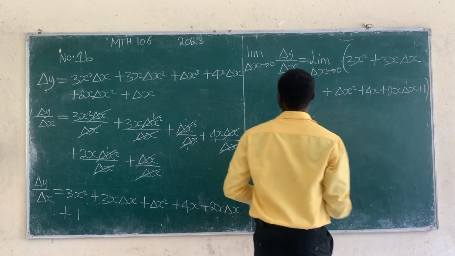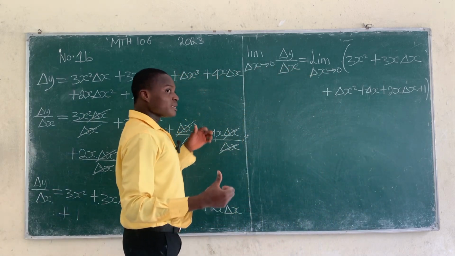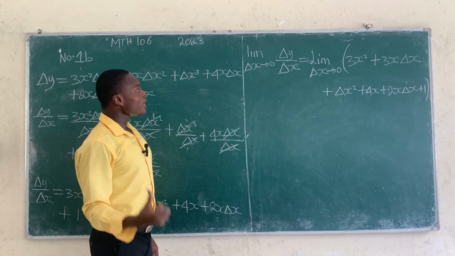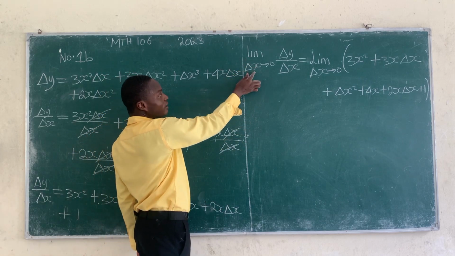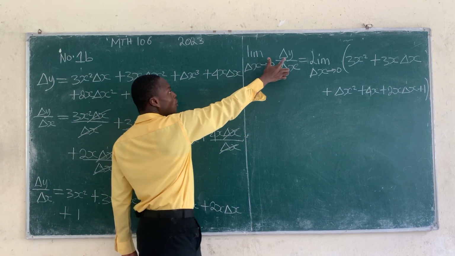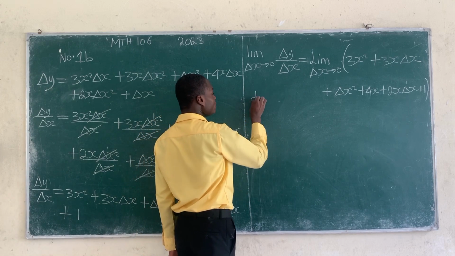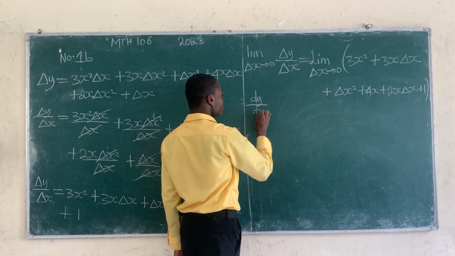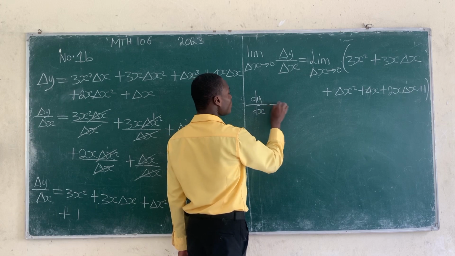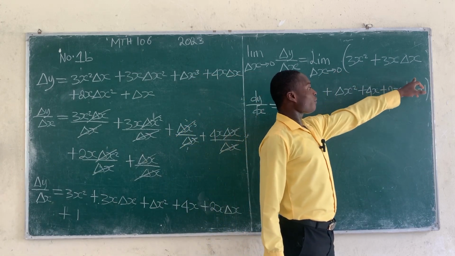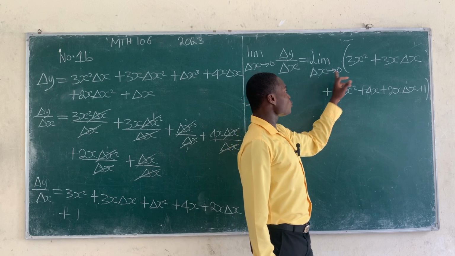We close our brackets. And please take note, I said it in my previous video under first principle that whenever you take a limit as increase in x approaches 0 of increase in y over increase in x, automatically you have dy dx on the left hand side, and on the right hand side, in place of increase in x in the given function, what we are going to do is to substitute 0.